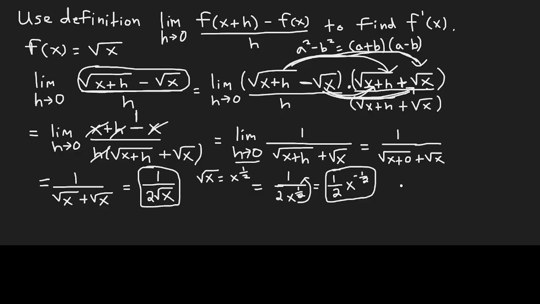I hope this video was helpful in using the definition of the derivative. I know it's quite a few steps, a bit of a process, but the key thing is to make sure you plug in everything properly: your f of x plus h, then minus your f of x, all over your h.